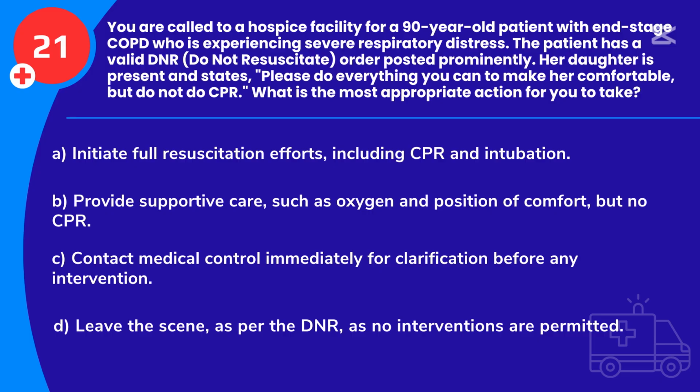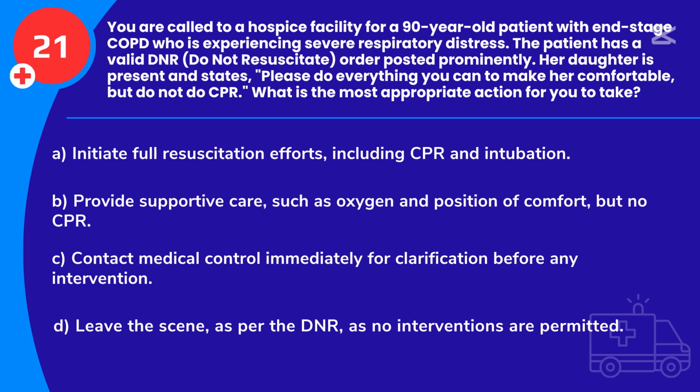Question 21. You are called to a hospice facility for a 90-year-old patient with end-stage COPD who is experiencing severe respiratory distress. The patient has a valid DNR, do not resuscitate, order posted prominently. Her daughter is present and states, "Please do everything you can to make her comfortable, but do not do CPR." What is the most appropriate action for you to take?